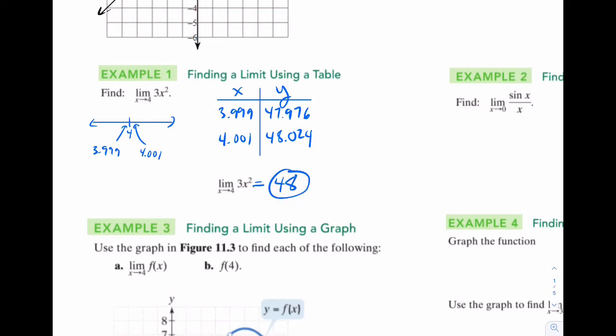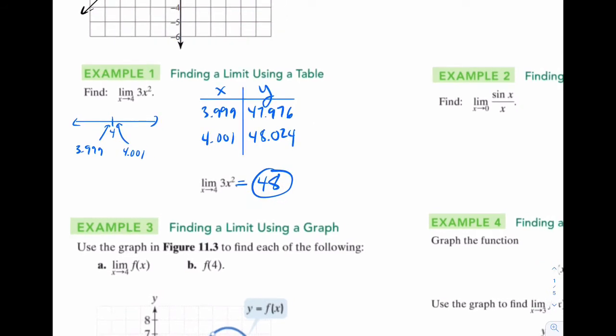And that's your answer. Now you might be wondering, why can't I just plug in 4? Because clearly if I plug in 4, you get 48, and that would be true. And that is true for some problems. Some problems you can just plug in 4, but the key is that that doesn't always work. So while this one it does, this technique of approaching is a technique that works 100% of the time.